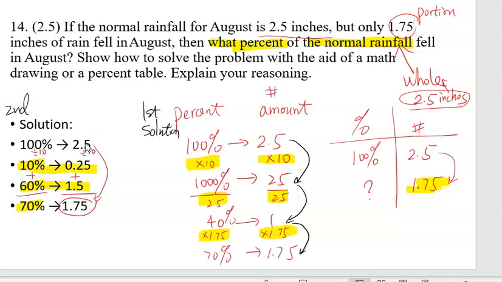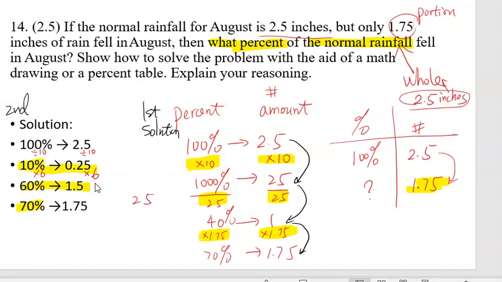So that turns 2.5 into 0.25. Next we're going to take 0.25 and multiply by 6. This might be a little hard to see. 0.25 times 6 is 1.5.